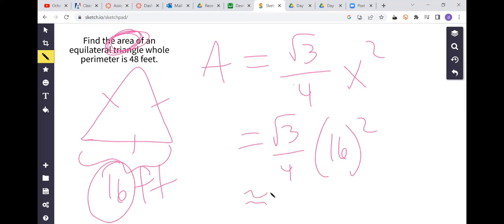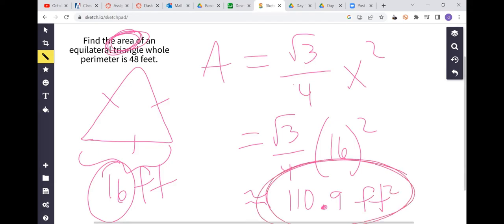Let me reach for my calculator and type this in here. You can probably go to the nearest 10th, that's probably what I'll ask for on the test. So about 110.9, and this would be square feet because they said feet. We're going to be in square feet because area is 2-dimensional.